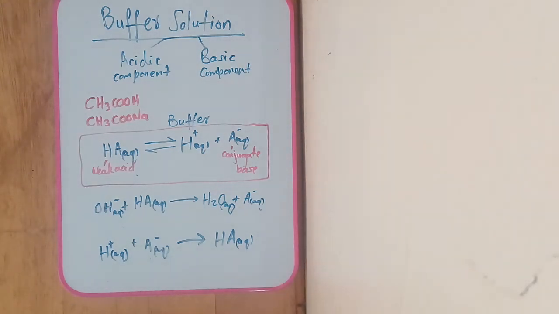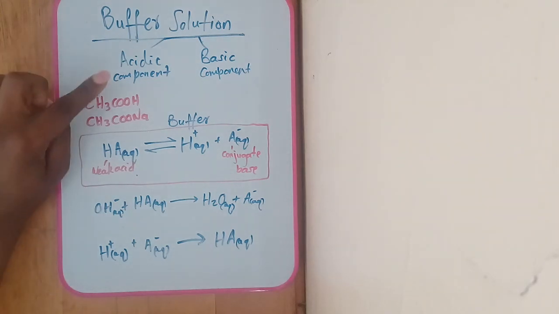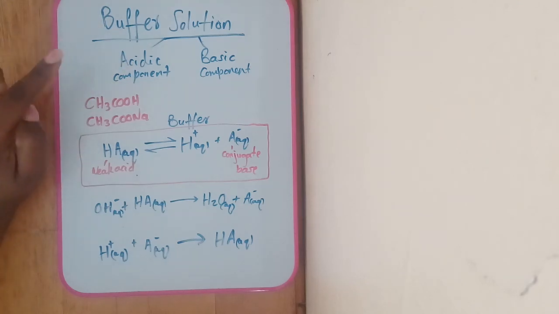Okay, I hope you guys get the gist of things. A buffer solution is made up of a weak acid and its salt, or a weak base and its salt. When you add a strong base in small amounts to your solution, it gets neutralized by the acidic component of the buffer solution.